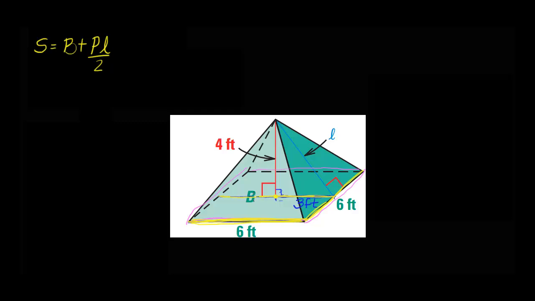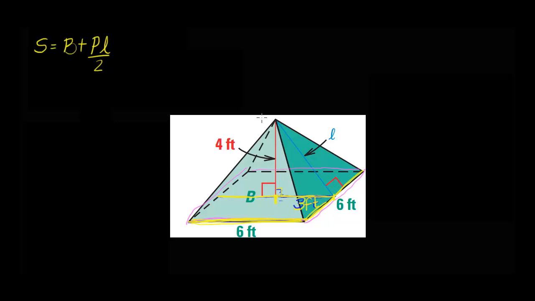Since the height reaches right at the center, the length from this center to this edge is 3 feet. It's half of the length of this side, so it's 3.